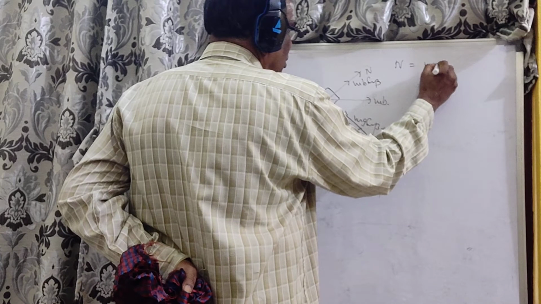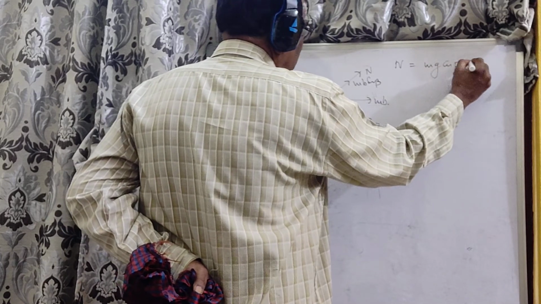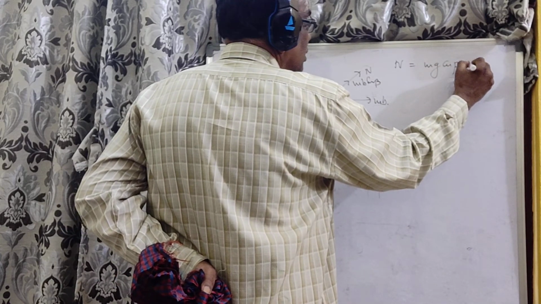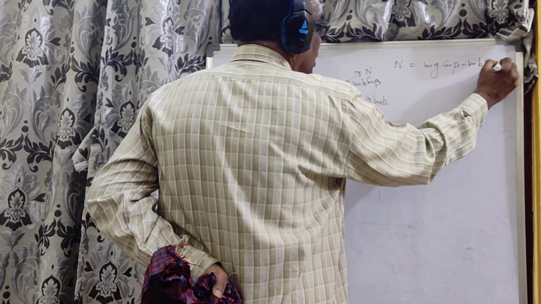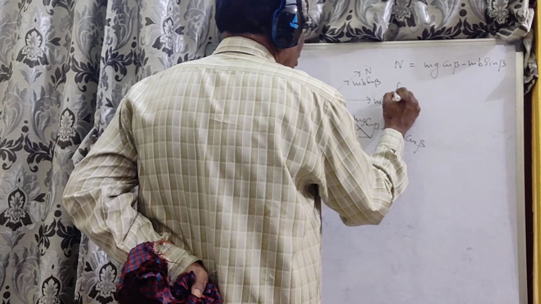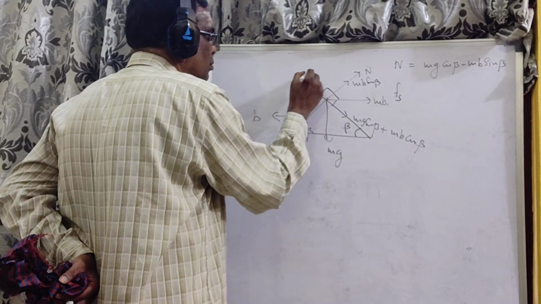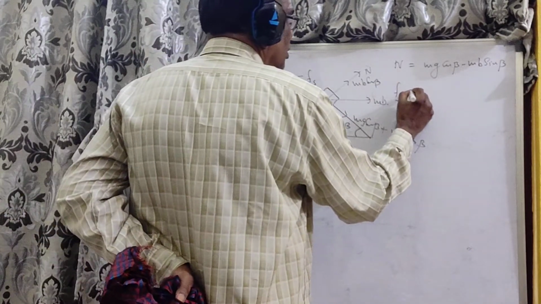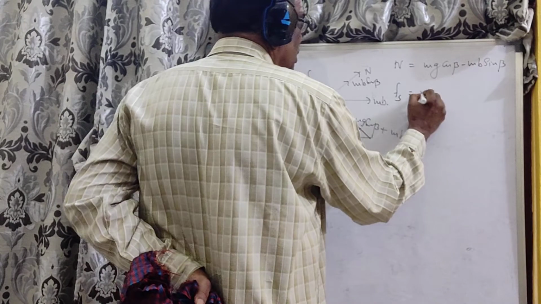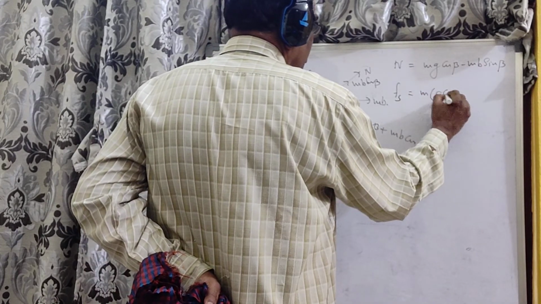N is equal to mg cos beta minus mb sin beta, and Fs is equal to sum of these two.